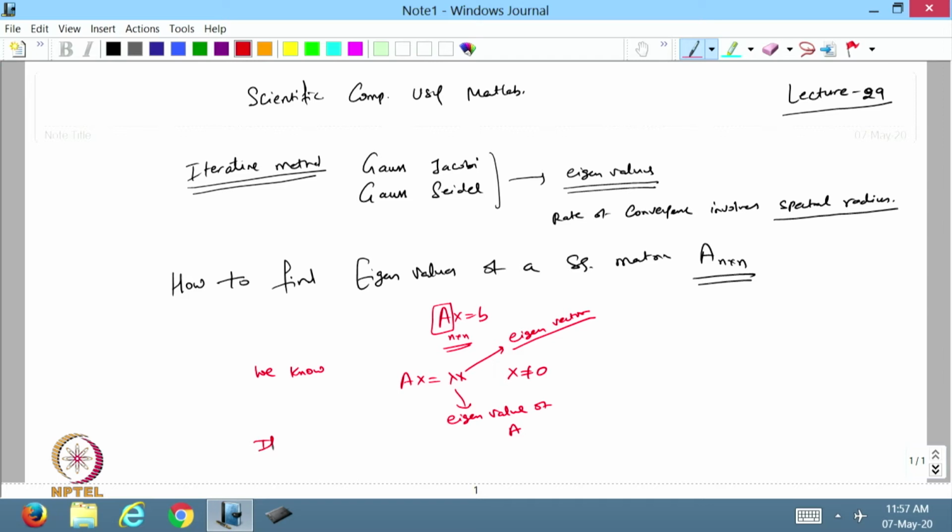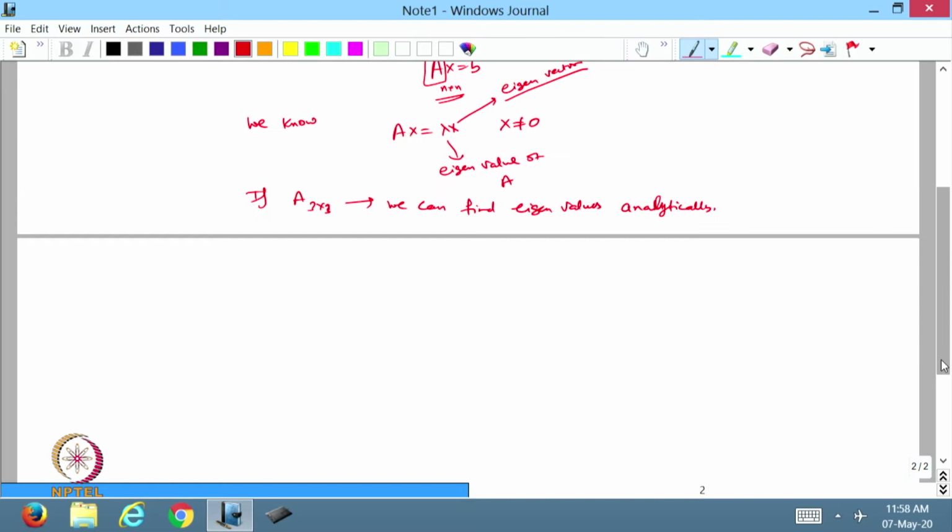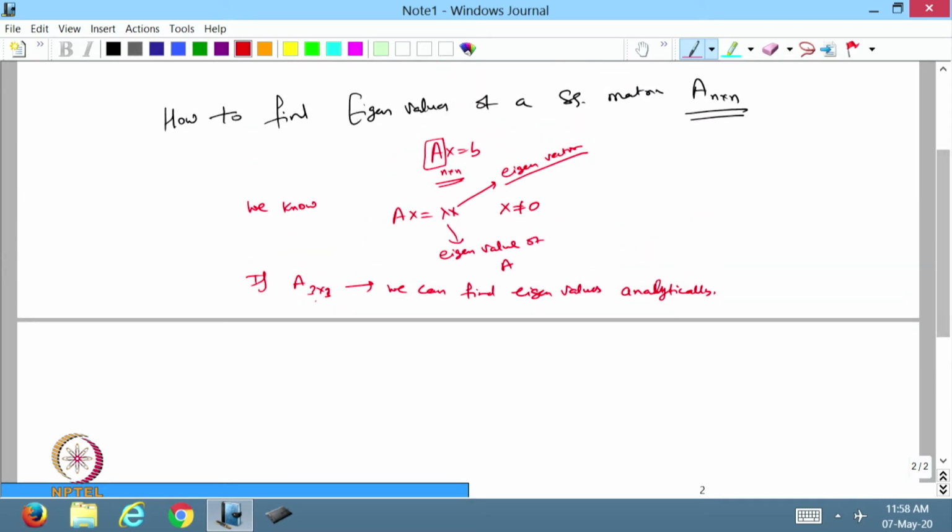Now if A is 3 cross 3, then we can find eigenvalues analytically. Analytically means that with pen and paper I can find the characteristic equation and then solve it. Maybe for 4 cross 4 it is quite difficult.